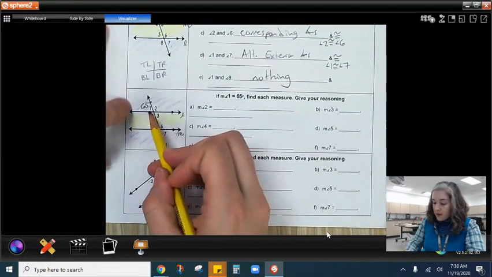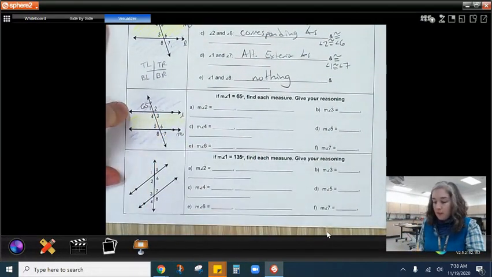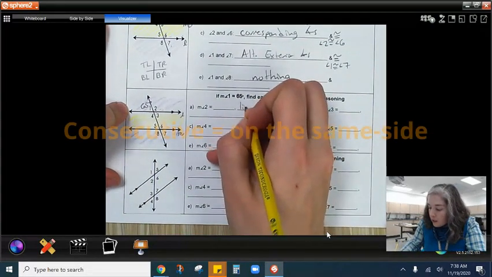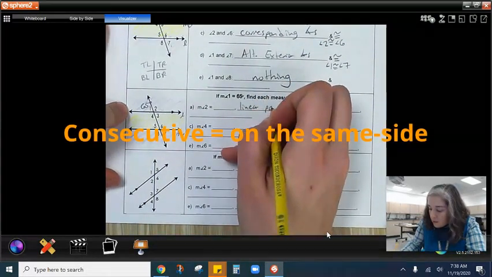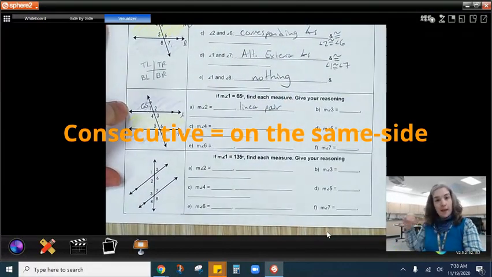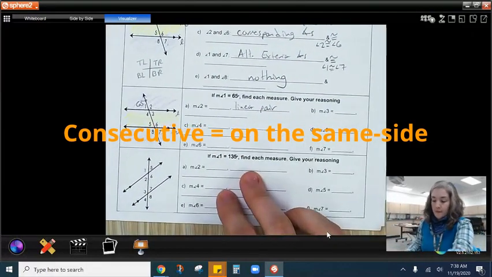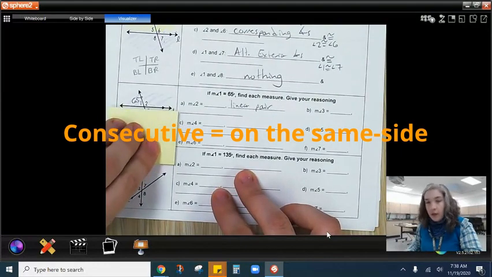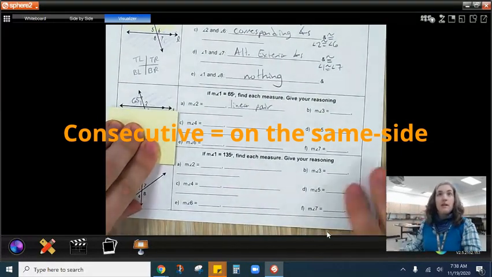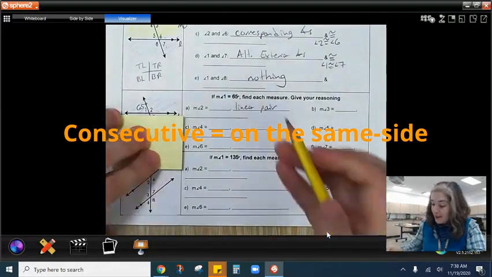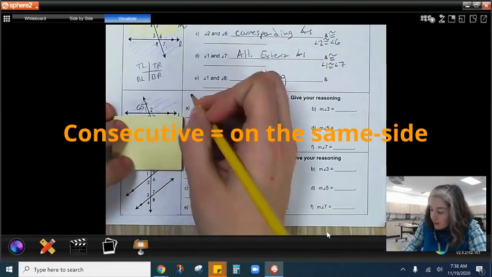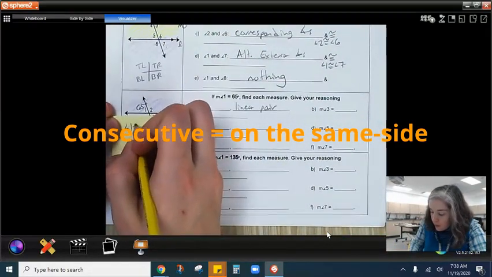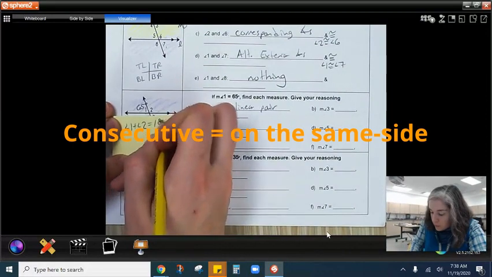So for angle 1 and angle 2, what's their relationship? They are a linear pair, right? They form a line. If I just ignore everything down here and look at angle 1 and 2, they form a line. They're a linear pair. That means they add to make 180. So angle 1 plus angle 2 equals 180.